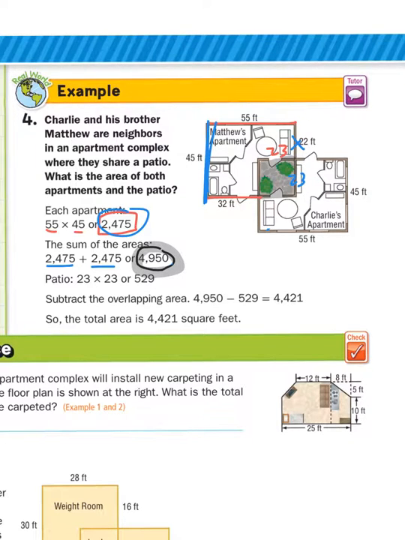So guess what? You do 23 times 23. 23 times 23 is 529. So this patio is 529 square feet. So you take the area of the two apartments, you subtract the 529, and you're left with the total area, 4,421 square feet, which is right here.